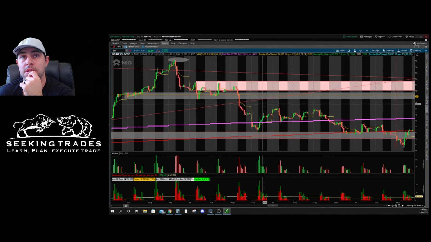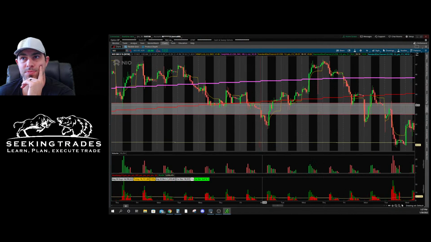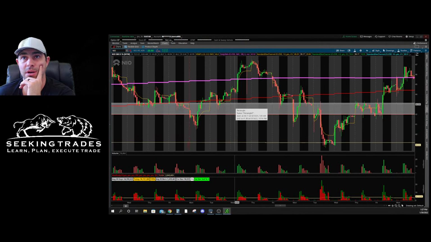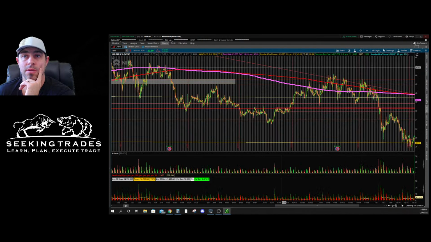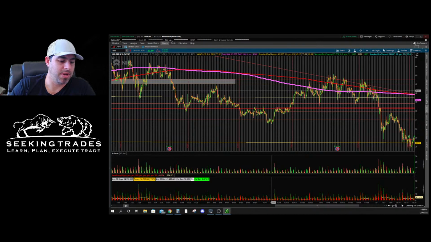Okay. So I just want to show you guys this because this is pretty important stuff. The step-by-step idea here is to ID the demand zones, and then you want to look left and look down if you're trying to find supply and demand.